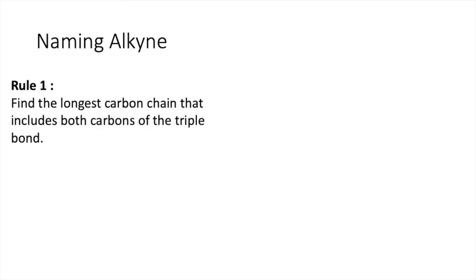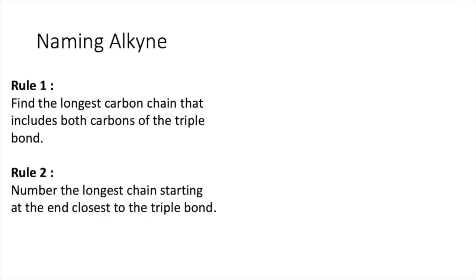Naming of alkyne. Rule number 1. Find the longest carbon chain that includes the carbons of the triple bond. Rule number 2. Number the longest chain starting at the end closest to the triple bond.